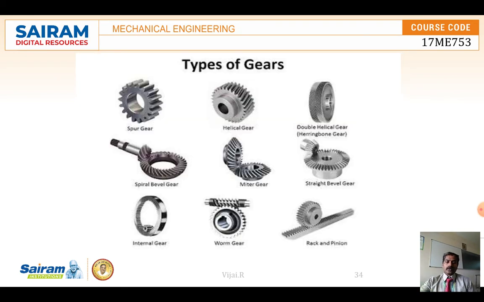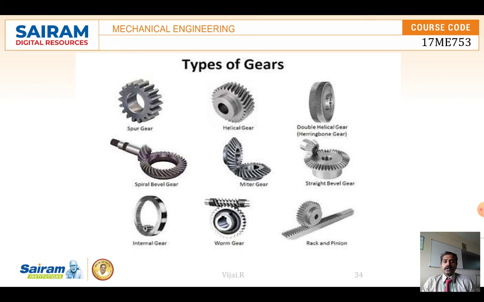So there are different types of gears. We can see some types of gears over here. One is the spur gear, where the teeth are parallel to the axis of the gear shaft.